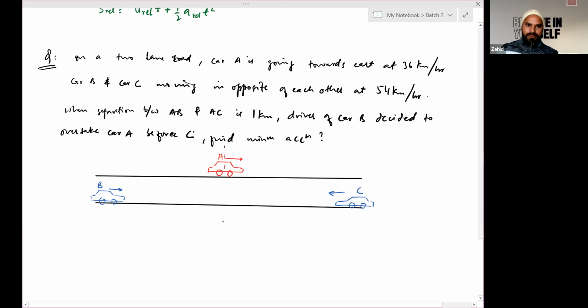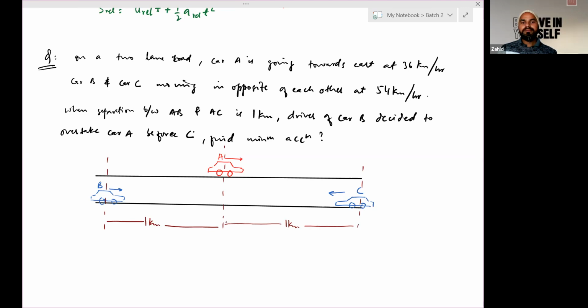At this instant, separation of each car is 1 kilometer apart. So 1 kilometer in between first and second, and 1 kilometer in between first and third. Is it clear till this part? Yes, sir.